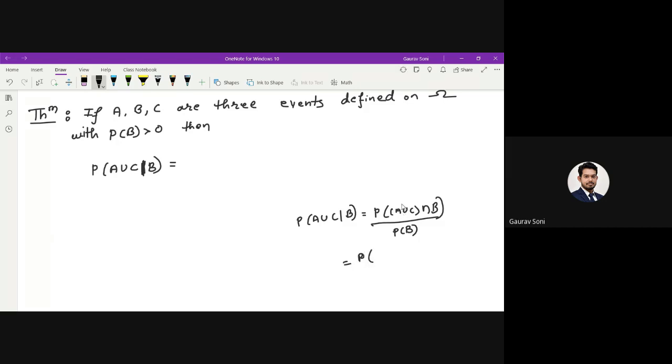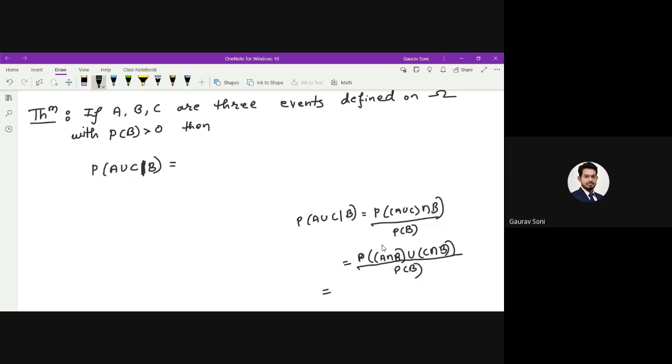You can use the distributive law over here. So that will be A intersection B union C intersection B. I hope you know what the distributive law is.